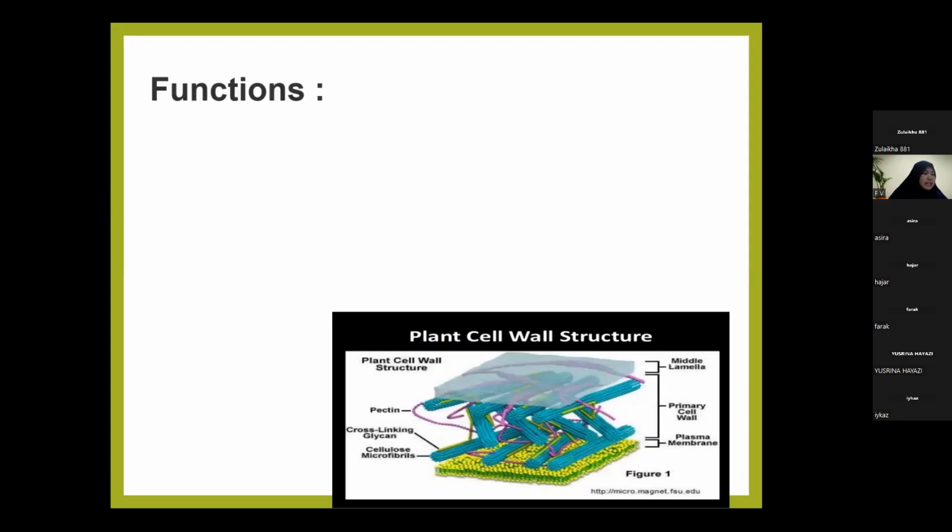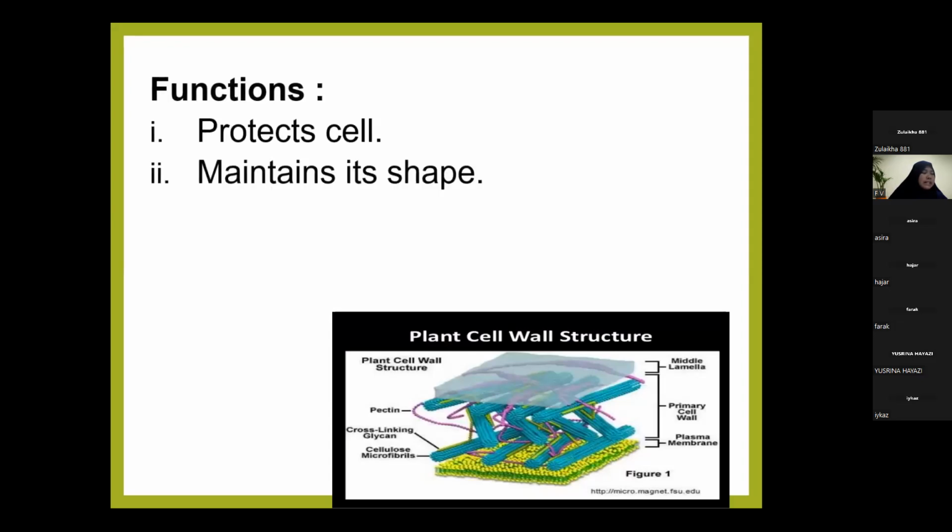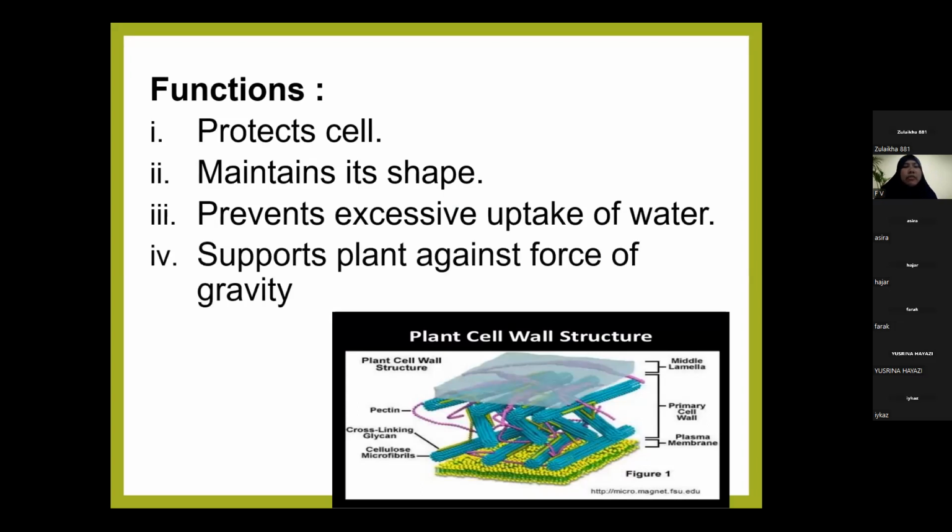Okay. Next, what is the function of the plant cell wall? What is the importance of the plant cell wall? Number 1, the plant cell wall helps to protect the cell. Okay. Number 2, it helps to maintain the shape of the plant cell. Right? Maintain shape of the plant cell. That's why plant cell bentuk dia agak sama. Right? Number 3, to prevent excessive uptake of water. Mengelakkan pengambilan air yang berlebihan oleh plant cell.